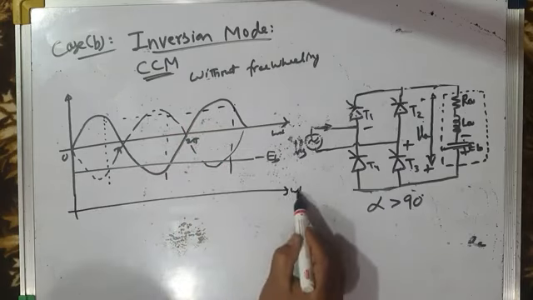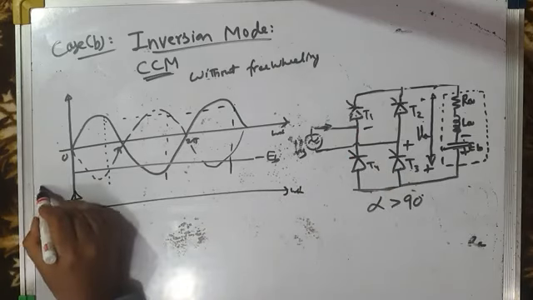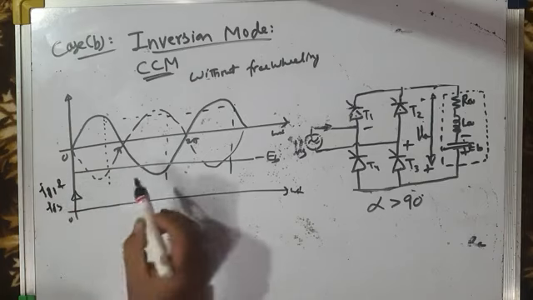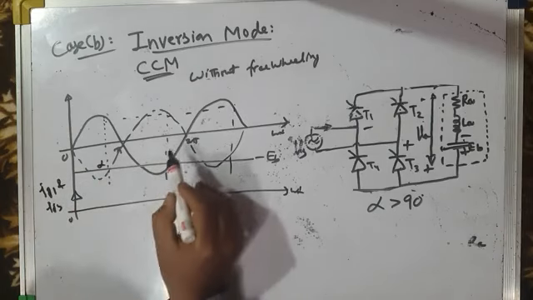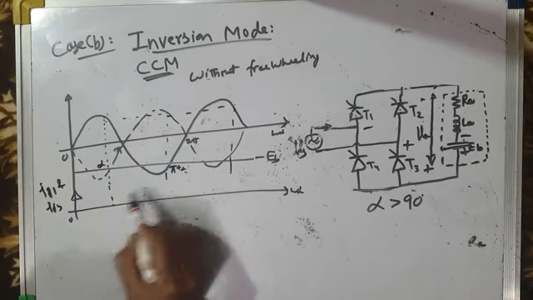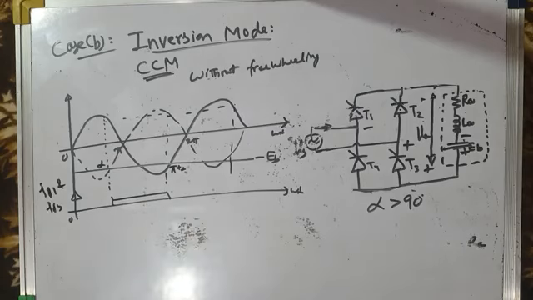And if you draw the gating pulse pattern for IG1 and IG3, you have to fire IG1 and IG3 from alpha to pi plus alpha. This is the gating pulse pattern for this.